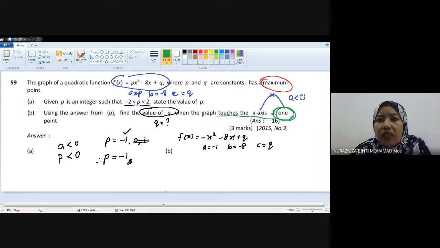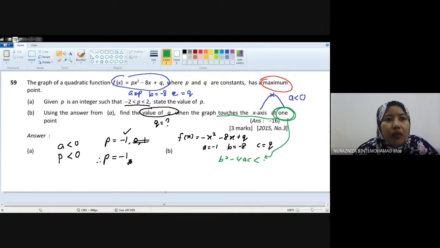1 point. If 1 point, it tells you that the discriminant b square minus 4ac is equal to 0. Touch at 1 point, so it has equal root. Equal root means equal 0.